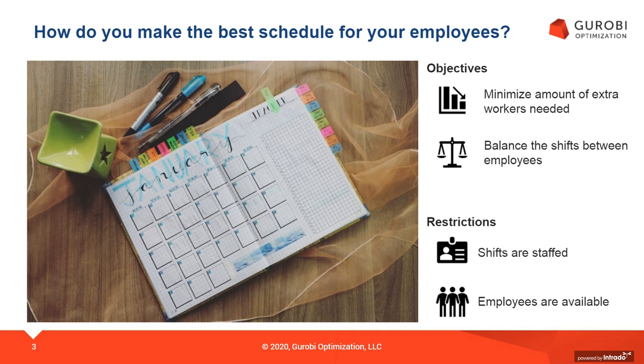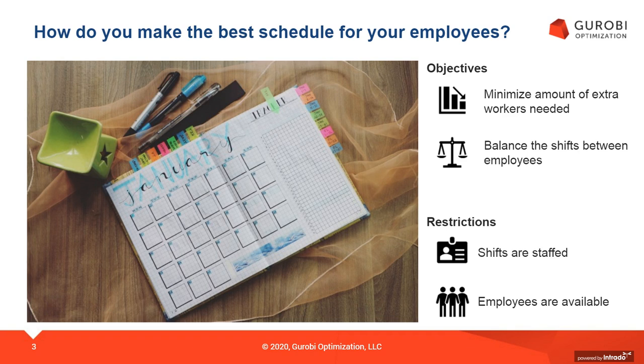So the first and most important one is, of course, your shifts have to be staffed. So if you need 7 people on Monday, then you have to have 7 people present. So that's your key requirement. Another key requirement is, of course, you have to respect when your employees are available. So if Jack can only work Monday, Tuesday, and Wednesday, then you have to incorporate that into your schedule.